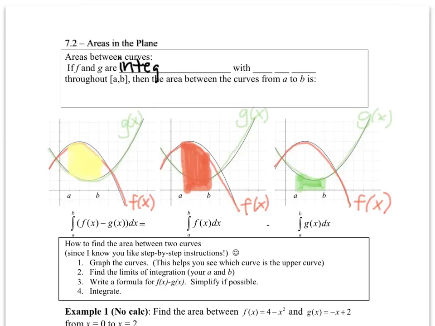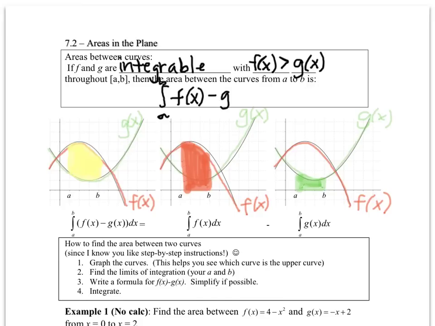If f and g are integrable, that means you can take the integral, with f of x greater than g of x during an interval from a to b, then the area between those two curves can be found by doing the definite integral from a to b of the function that is larger minus the function that is smaller, all of that dx.